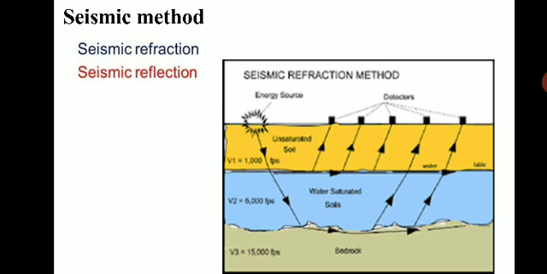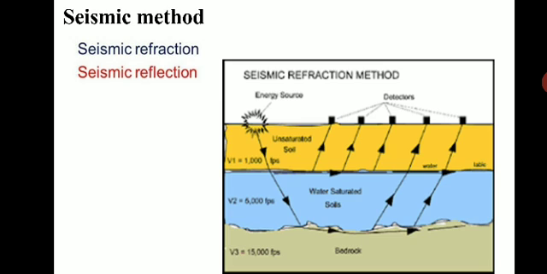There are two types, seismic refraction and seismic reflection. The seismic reflection method provides up to 750 meter deep information, while the seismic refraction method covers only a few hundred meters below the ground surface.